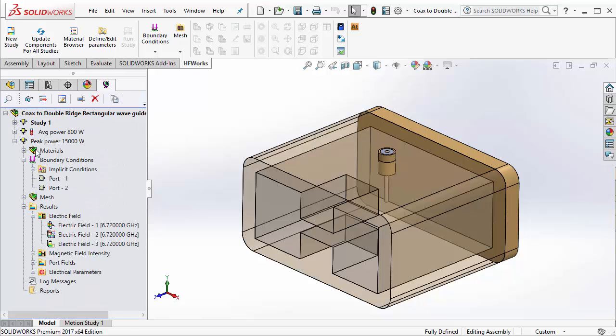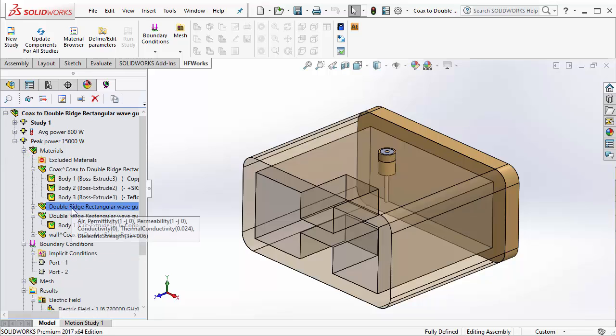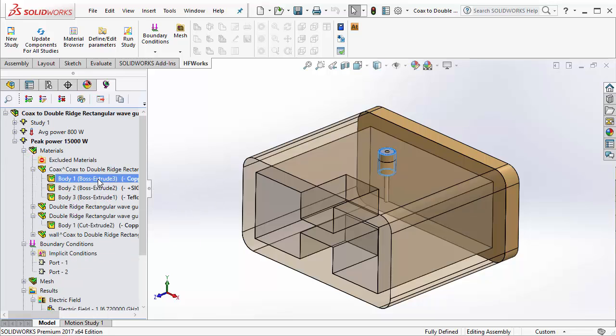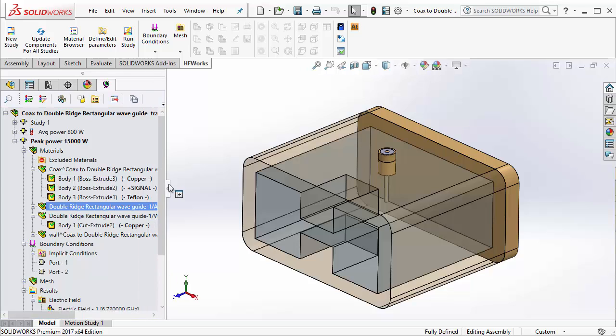So we'll look at the study of peak power. We define the materials inside HFWorks, which is really simple to do. The waveguides are made of copper, and then the signal is injected using a coax cable, which is another assembly of three components with their own materials.